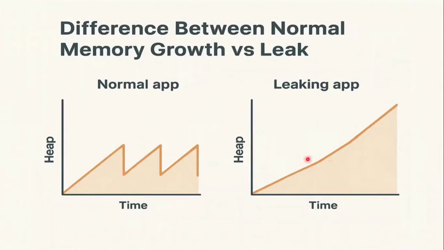Whereas in the leak behavior, the heap rises, and even though the GC runs, the memory never returns to baseline. It just keeps growing. This is why endurance testing is essential. Short load tests may miss these leaks completely.